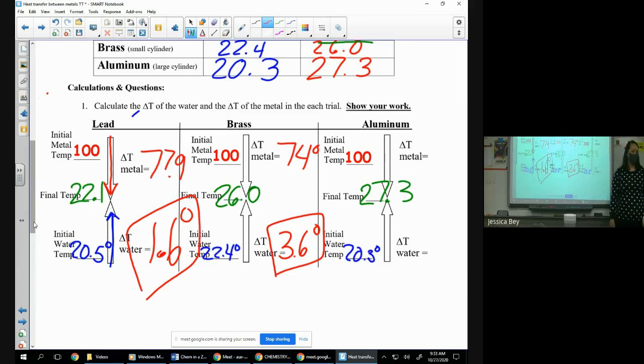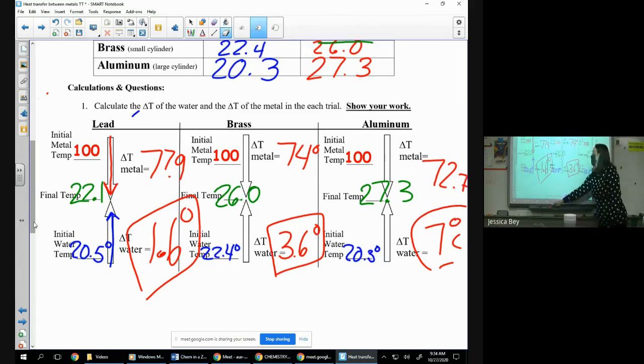I'm just taking the difference to see how much their temperature changed. And let's see, 20.3, 27.3, well, that's easy. The delta T of the water for my aluminum is 7 degrees. And this one's perfect, 72.7 degrees.